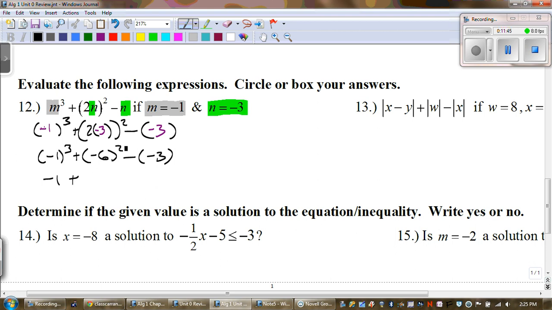Well, that's -6 times -6, which is a positive 36. And in the back right here, we can do click, click, and we get positive 3. Okay? So -1 plus 36 is 35 plus 3, and 35 plus 3 is 38.